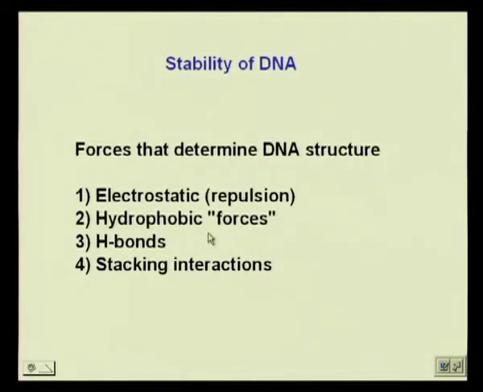We have hydrophobic forces, we have hydrogen bonds obviously between the bases and also possible between the other heteroatoms present in the bases with the water that is around, and we have stacking interactions between the bases at different levels. Now, considering the properties of the Watson-Crick base pairing, the base pairings are planar.